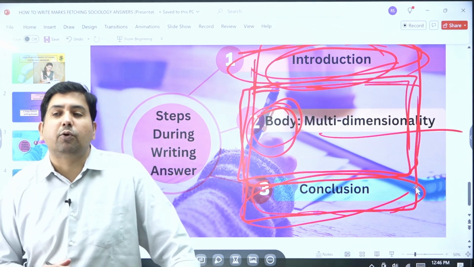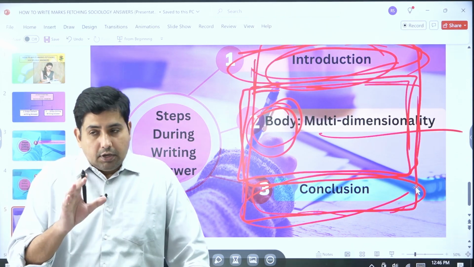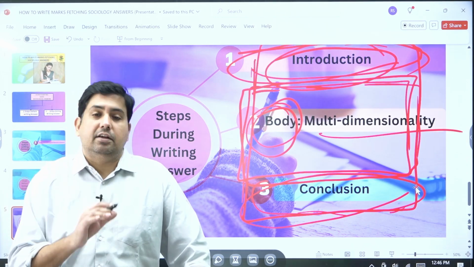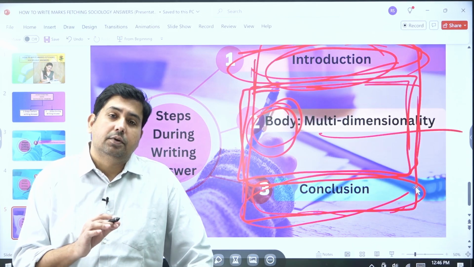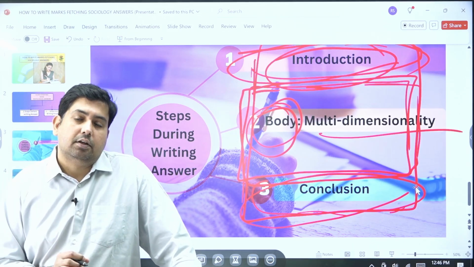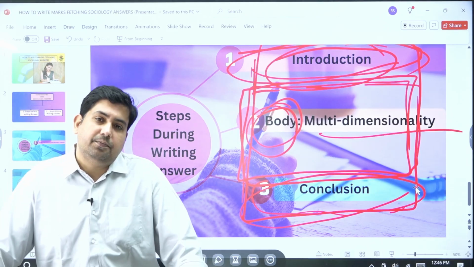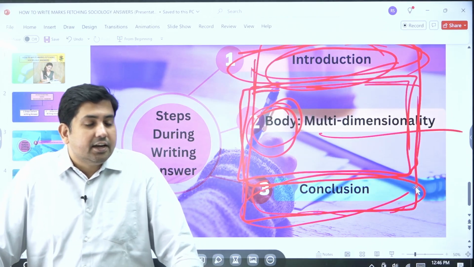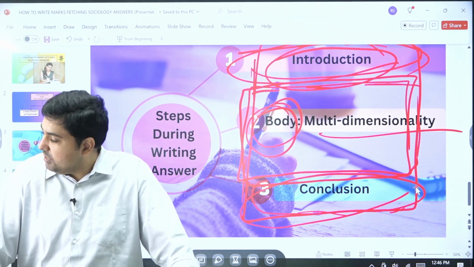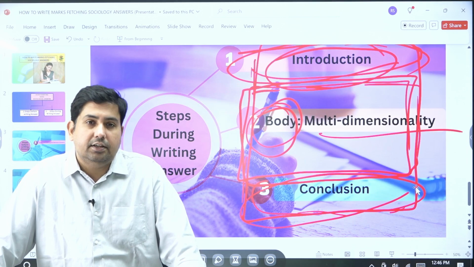Make use of flowcharts. But use clear, simple diagrams to explain complex relationships or classifications, and avoid making them too artistic or too time consuming. It should not be too time consuming. Okay.